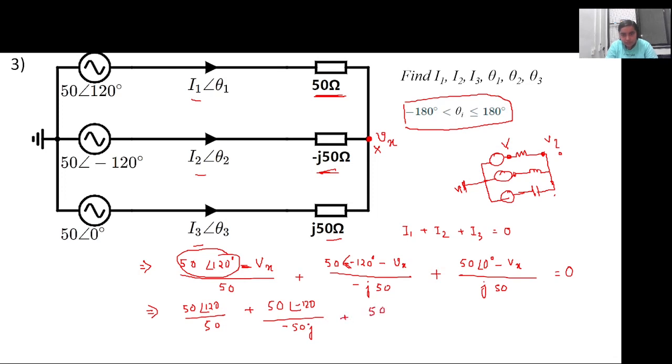Plus 50 angle 0 by j50. And all the Vx terms which are negative, minus Vx by 50, all this I will take on the other side, okay? So it will be Vx by 50 plus Vx by minus j50 plus Vx by j50, right?